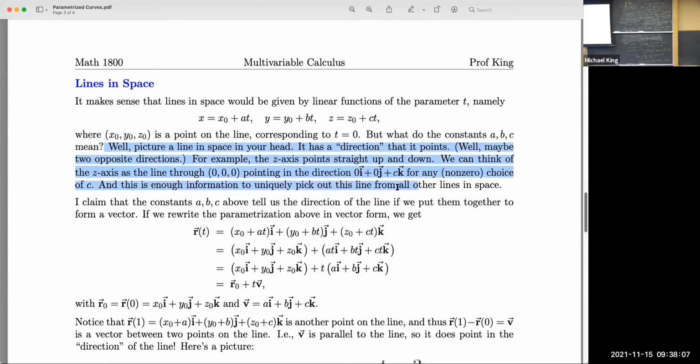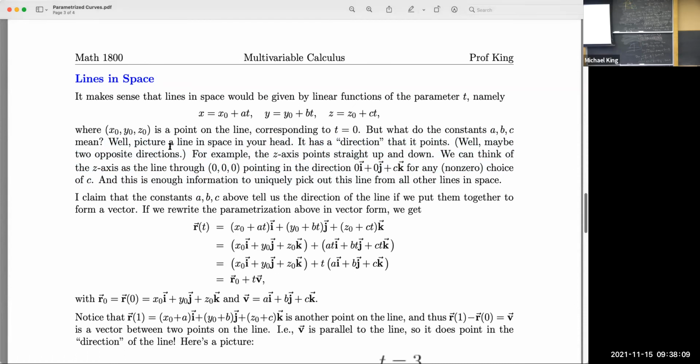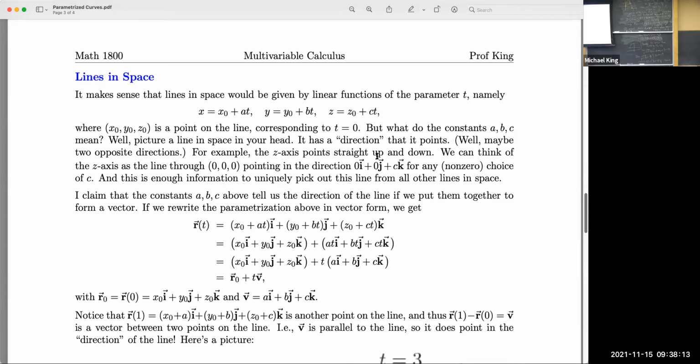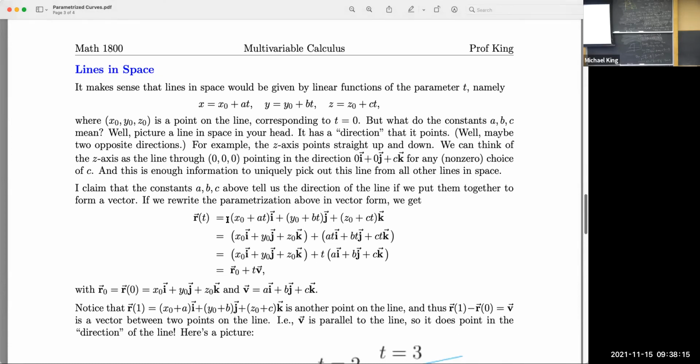right, I guess what I'm going to claim is that we have a line in space pointing in some direction, right? And if you sort of go backwards from what we just did, if you start with the linear equations and break it up into the constant pieces, you put those together like that, and then you put the pieces with the t's in them together.